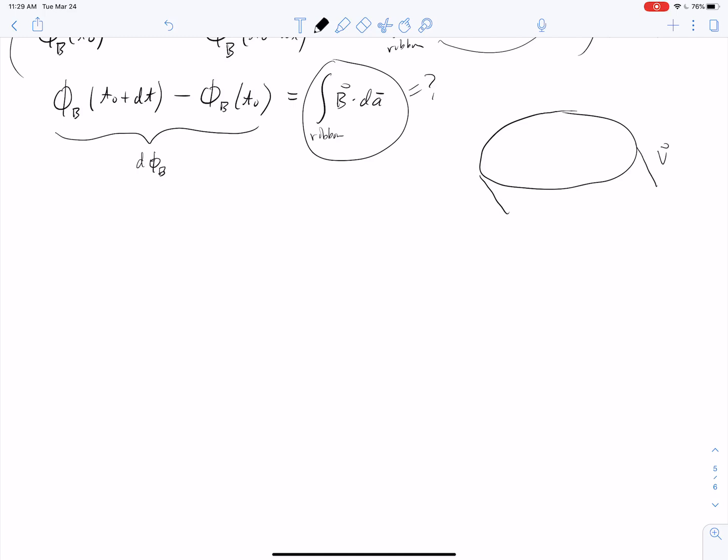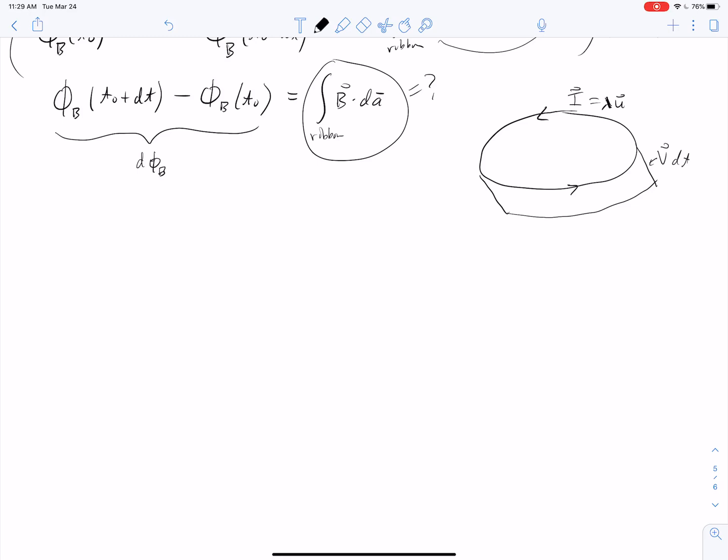This is v dt, and this is my bottom loop. That's my pancake, and that's v dt. And remember, there was some current flowing through this, current equals lambda u.